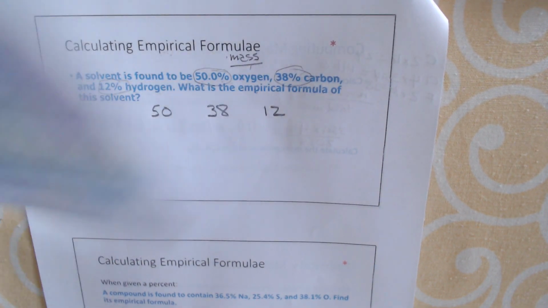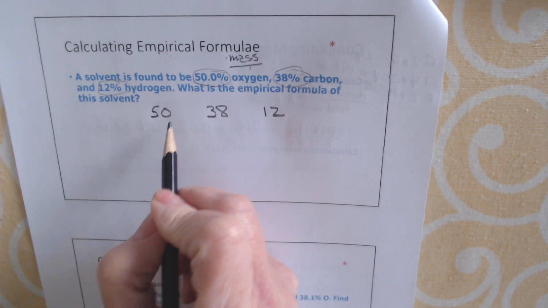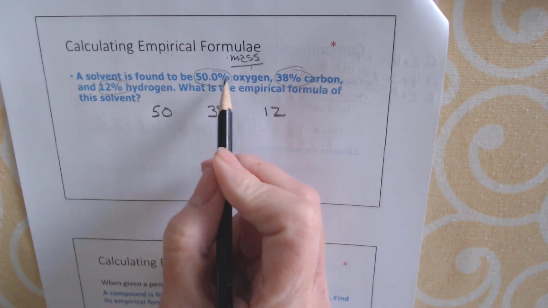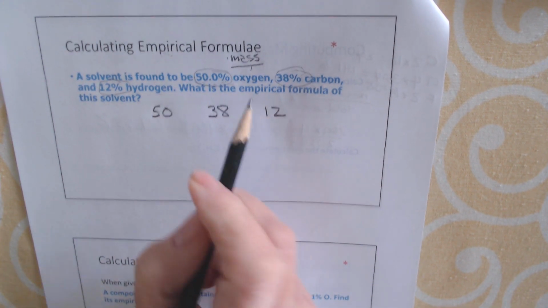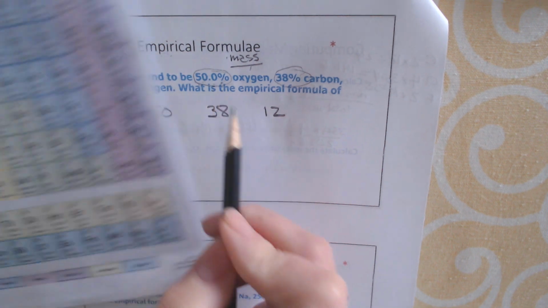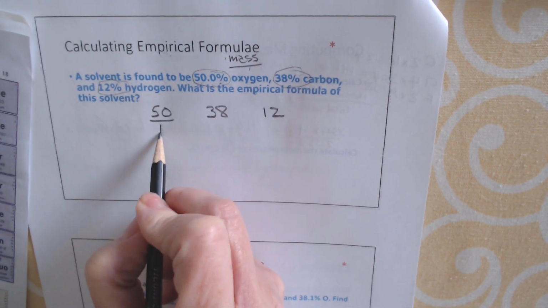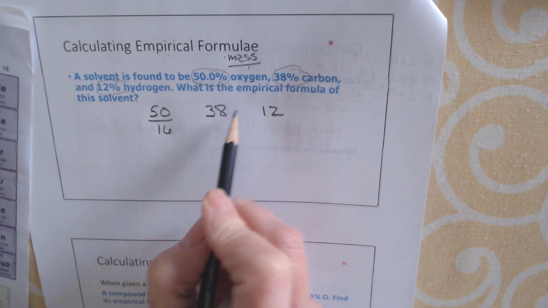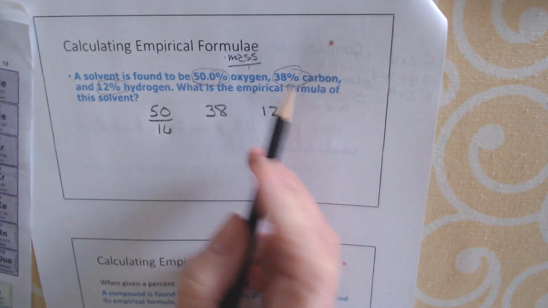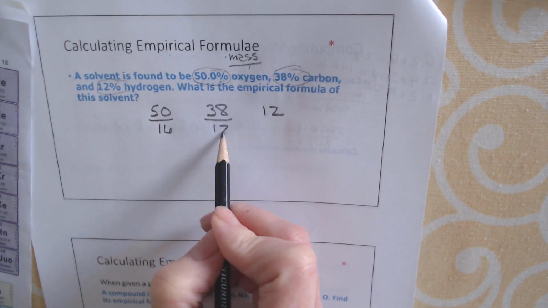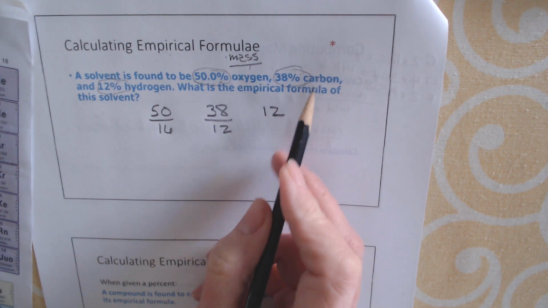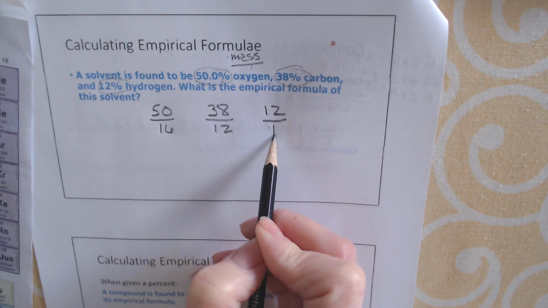All right, so if you came back and said, we're going to divide each by its relative mass, you are correct. So if I'm 50% oxygen and every oxygen atom has a mass of 16, I'm going to divide by that. Carbon, every carbon atom has a mass of 12, right? So I'm going to divide by that. Hydrogen 1, I'm going to divide by that.